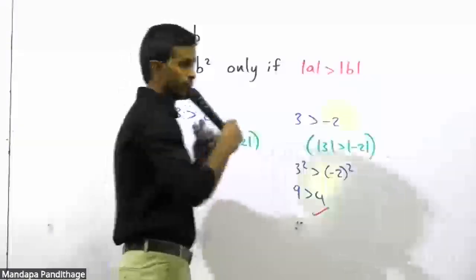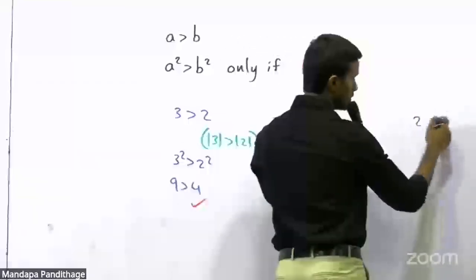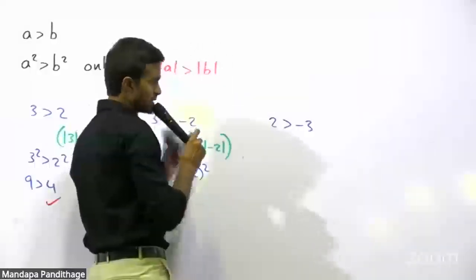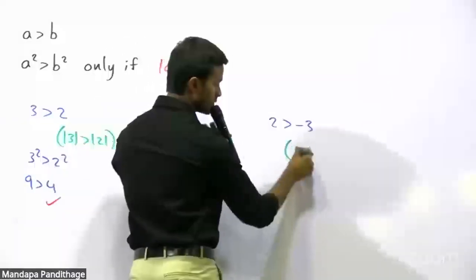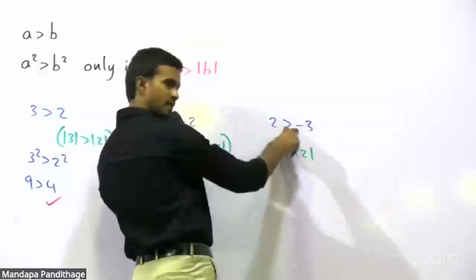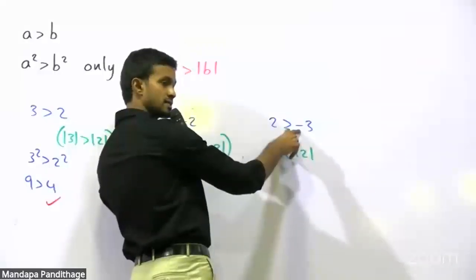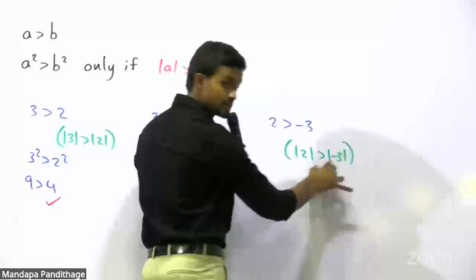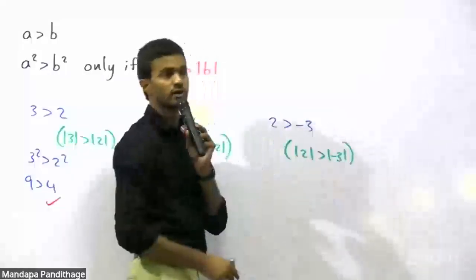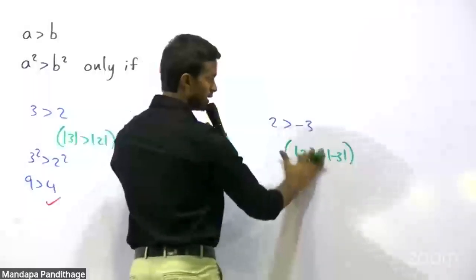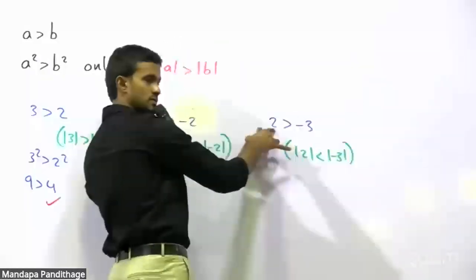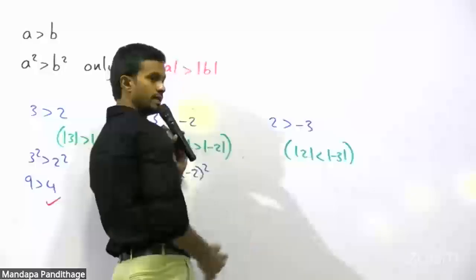Now, if I write something like this, that 2 is greater than minus 3, is modulus 2 greater than modulus minus 3? No, it's not greater. It's less than. Therefore, you can't square this. If you square this, the inequality changes.